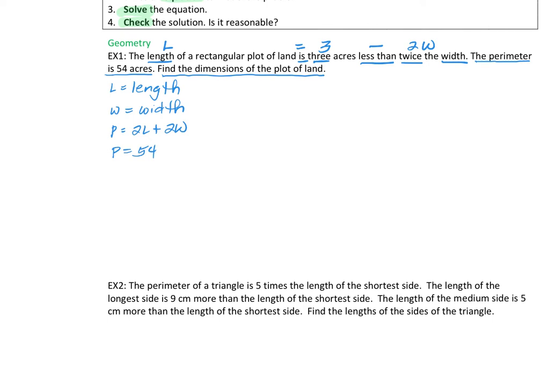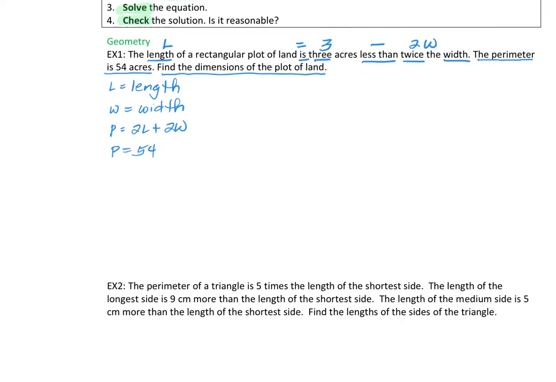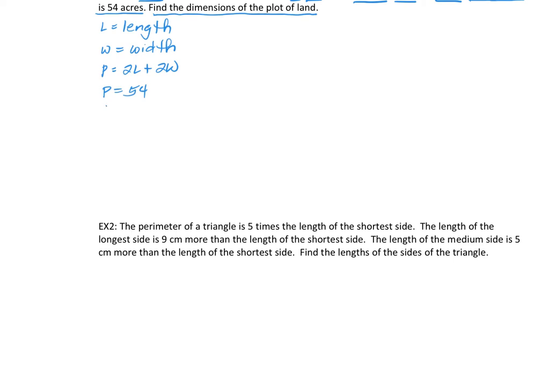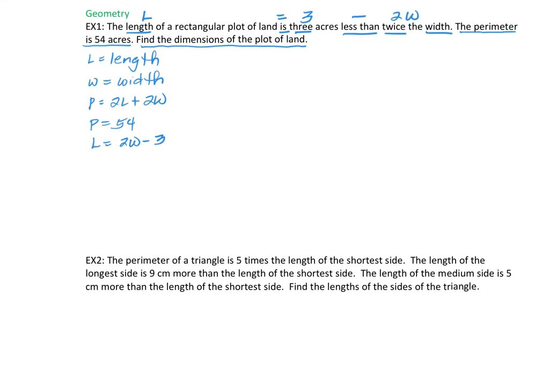Less than means change the order of the subtraction because I'm taking 3 away from 2W. 3 acres less than twice the width. So that would actually be 2W minus 3. So my length is equal to 2W minus 3. Now I can substitute those values into my perimeter equation and solve.